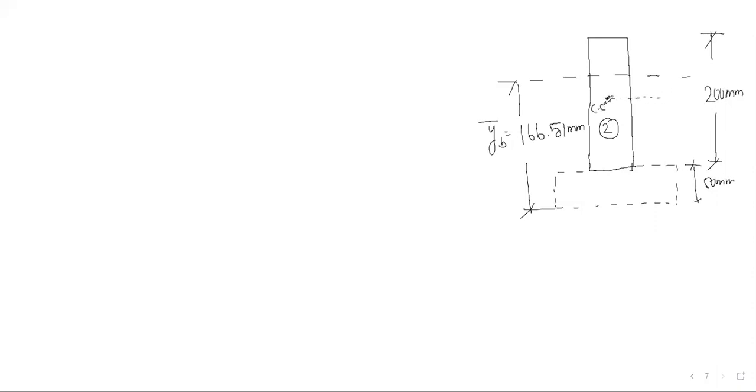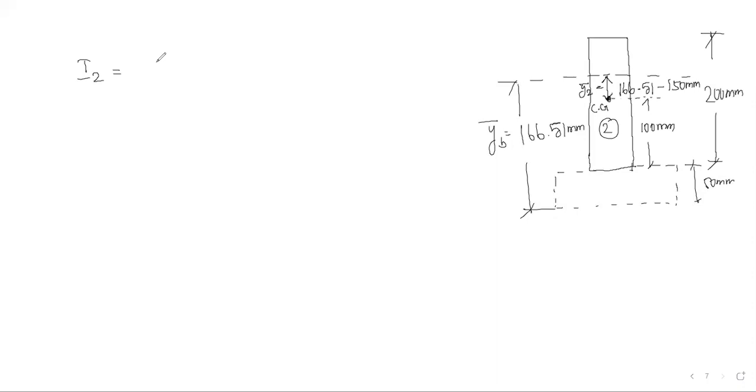This is the CG of the second section. So with respect to y bottom, what is the height? The centroid from here to here is 100 mm, so 166.51 minus 100 plus 50, 150 mm. This is the height that we have to take as Y2 bar.